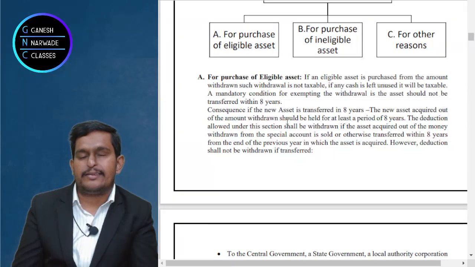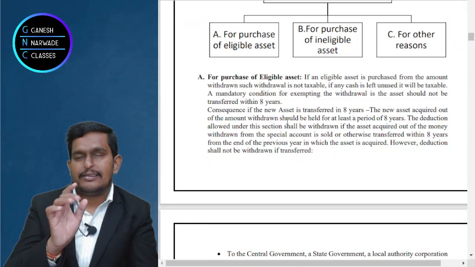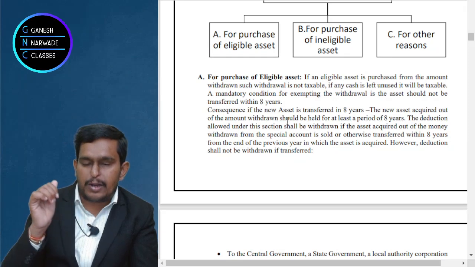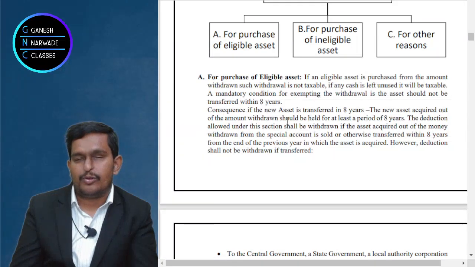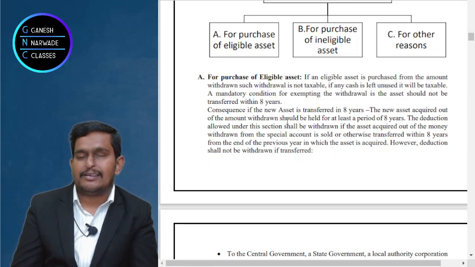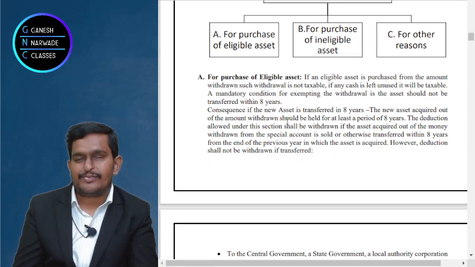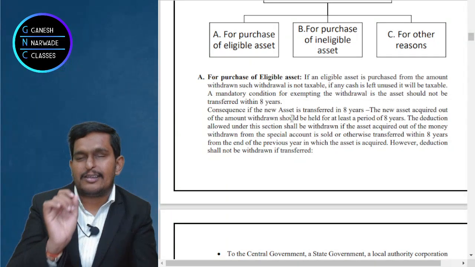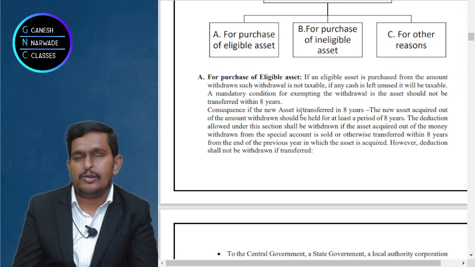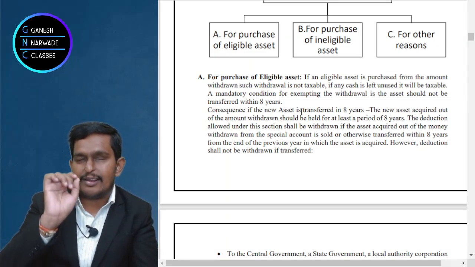But if you purchase the asset which is eligible, the amount withdrawn and put to use for purchase of the eligible asset will not be taxed at all. No worries. But there is a condition that whatever eligible asset is there, you cannot sell for 8 years. You cannot sell for 8 years.